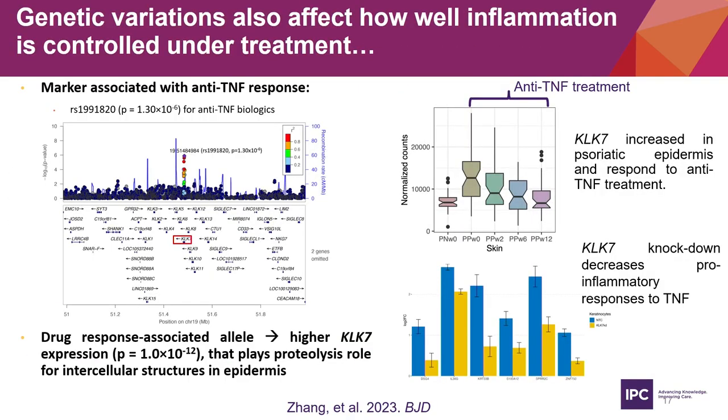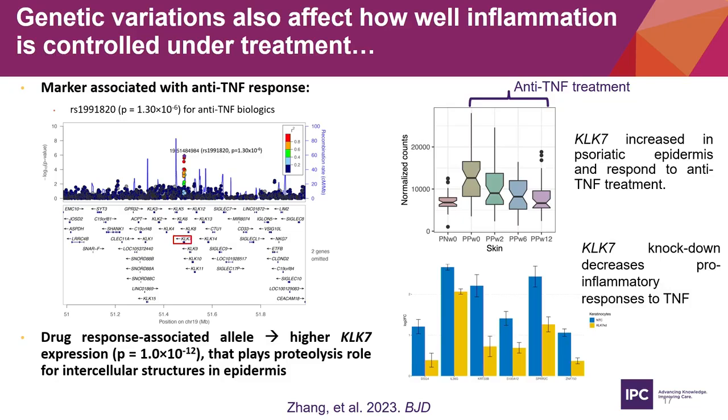All right, one quick thing about the additional role genetics could play. This is a study that we did a couple of years ago, trying to identify genetic signals that could be associated with drug response.